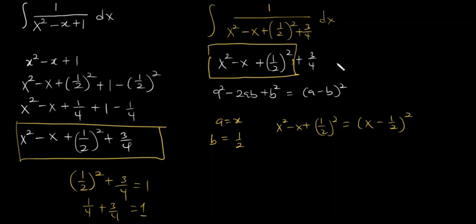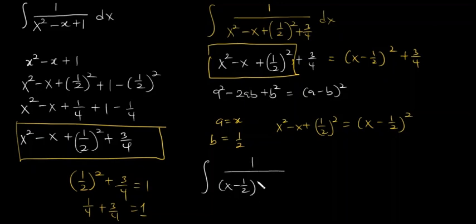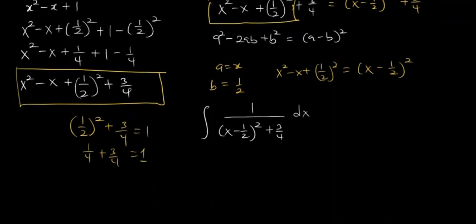So now you can write this as x minus 1 over 2 squared plus 3 on 4. So now let's write the general integral expression. You have the integral of 1 over x minus half all squared plus 3 on 4 dx. Alright, so now let's look at what you are going to do next.